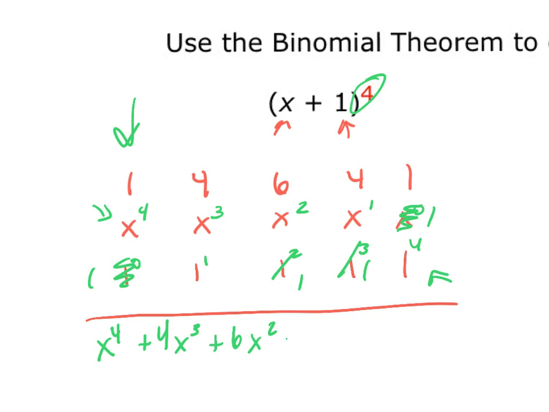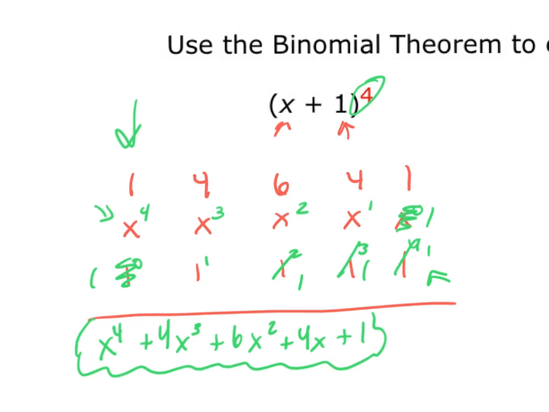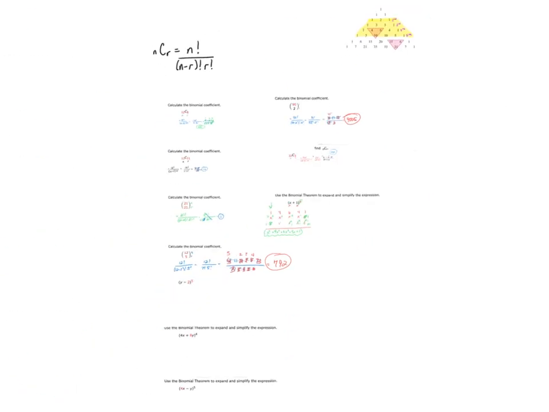So 4 times 1 times x is 4x. And 1 to the fourth is 1. So 1 times 1 times 1 is positive 1. And that is the work that I need to see on your test in order for it to be correct. Nobody can look at this and just do it in your head. You shouldn't be in my class if you can do that.